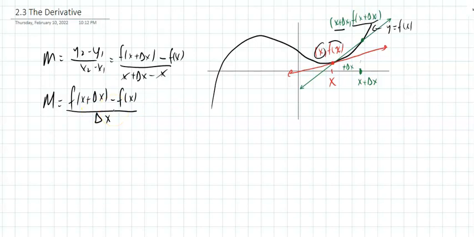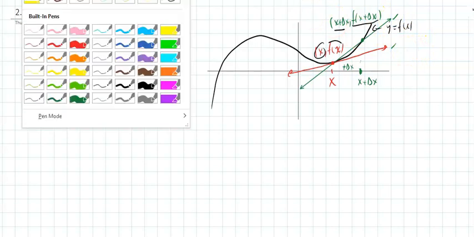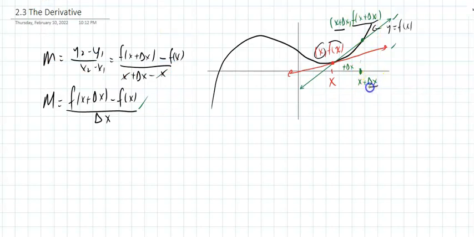But if I find the slope of this line, that's really the slope of the green line. You'll say, wait a minute, the slope of this line is not the same as this line. And somebody came up with the idea of, okay, instead of delta x, take half of delta x. Instead of adding delta x, add half of delta x.